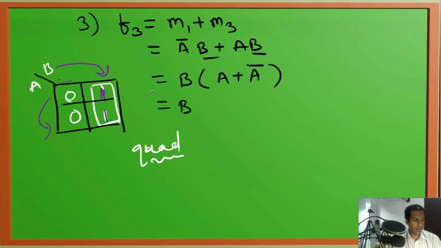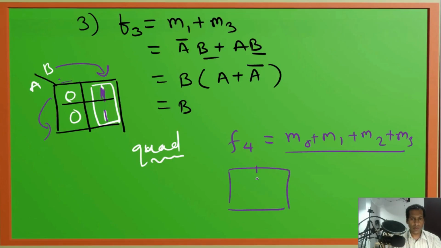Now if we get, suppose, another function, say f4 function, where we take m0 plus m1 plus m2 plus m3. So there all the boxes will cover the ones. 1, 1, 1, 1. So here we can make a square box of 4.